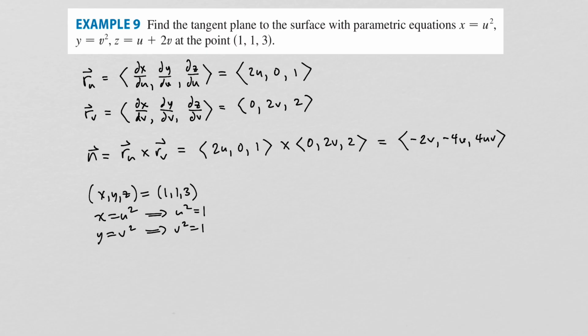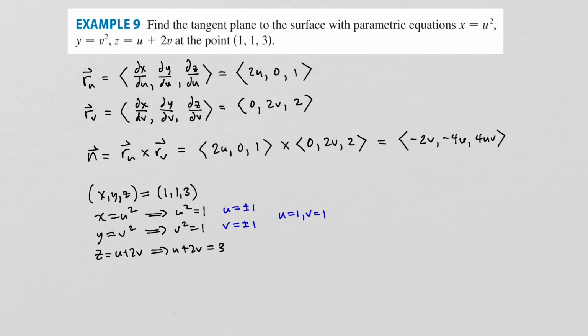And then we also know that z is equal to u plus 2v, and that means u plus 2v must be equal to 3. Now, if you think about the possibilities here, u can be plus or minus 1, v can be plus or minus 1, but then we have to plug in a combination of u and v that makes this true. So clearly this means that u must be 1 and v must be 1.